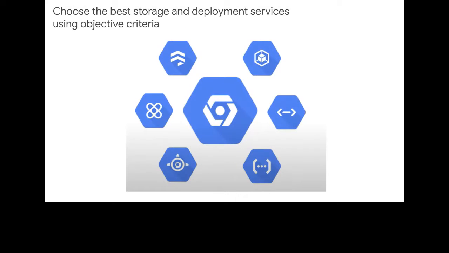You will learn to use objective criteria to choose the best storage and deployment services based on factors like what databases you are looking for. Google provides you a lot of options here. It provides relational, NoSQL, and maybe data warehousing if your application needs to do data warehousing or analytics.